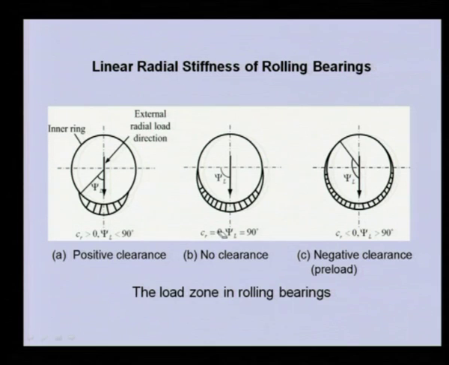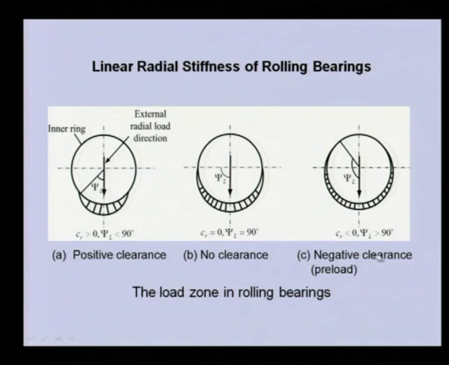If there is no clearance, then this load zone is 90 degrees, that means a total of 180 degrees. Here whatever rolling elements are there, they will take part in the load. They will be free, they will not take any load. Here also the rolling elements which are here will not take any load.